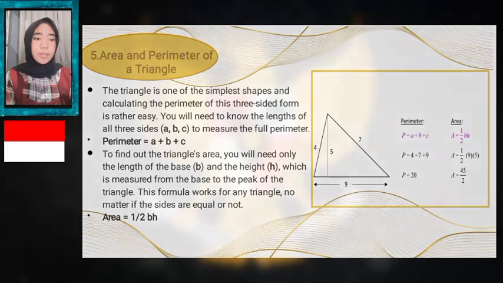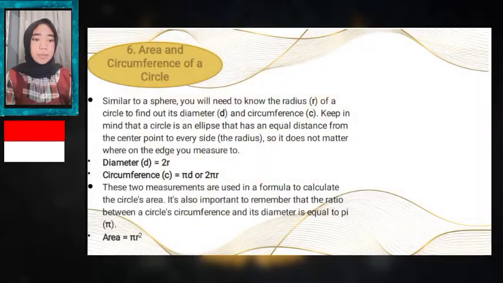Area and circumference of a circle. You will need to know the radius of a circle to find out its diameter and circumference. Keep in mind that a circle is an ellipse that has an equal distance from the center point to every side, the radius, so it does not matter where on the edge you measure to.